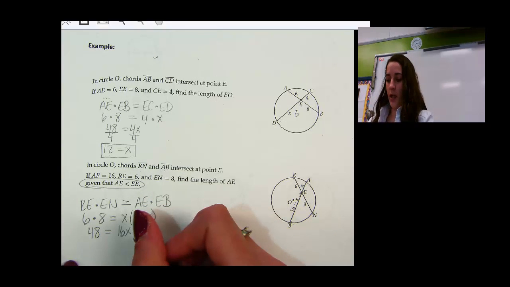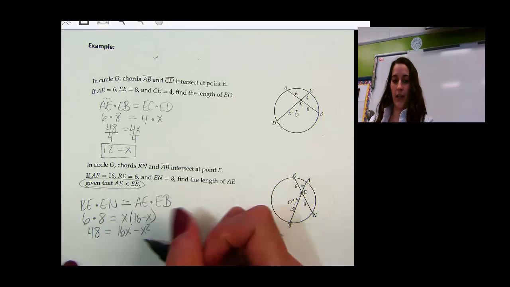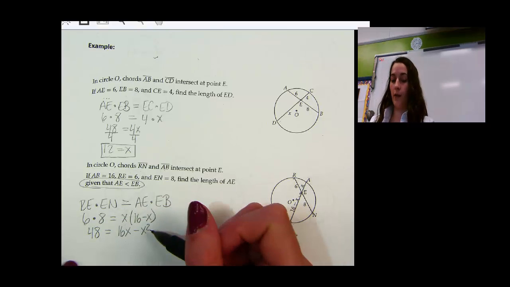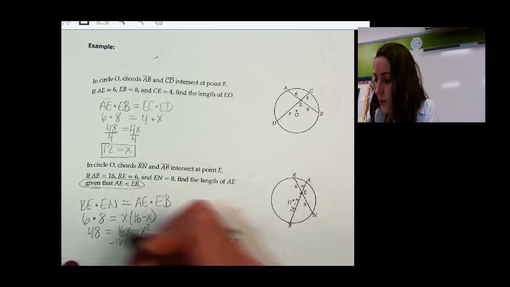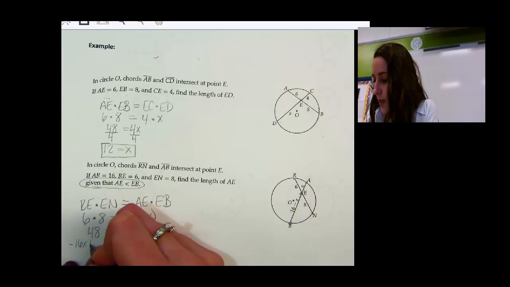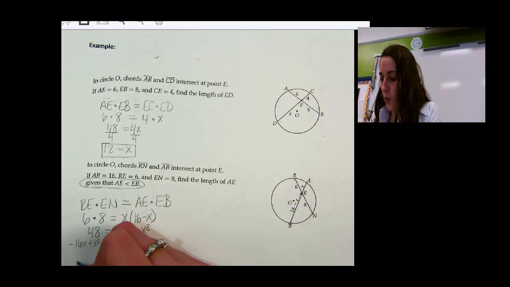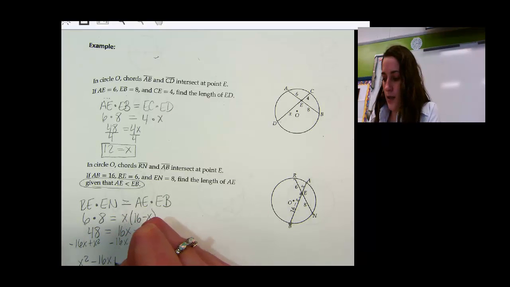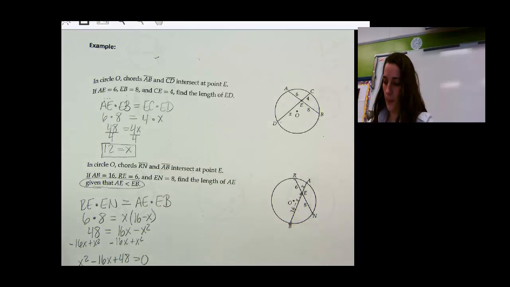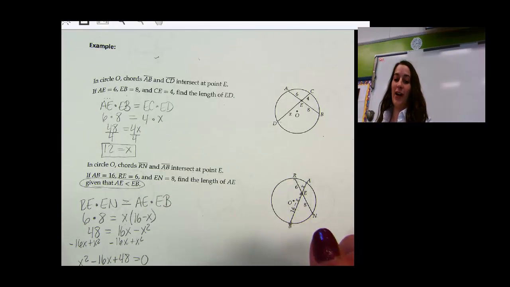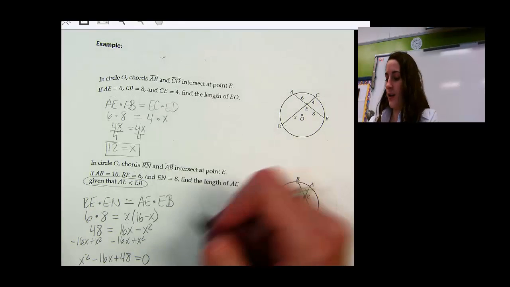So I'm going to get everything on one side because I see an X squared here, which means I'm probably going to have to factor. So I'm going to subtract 16x and add x squared to both sides, do some rearranging. So we're going to get x squared minus 16x plus 48 is equal to 0. So now I have to go ahead and factor that.